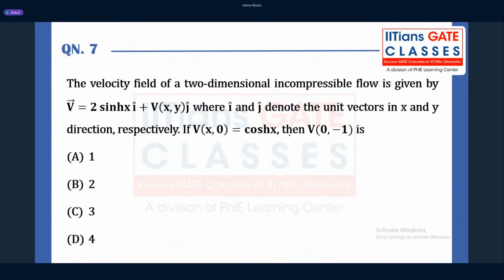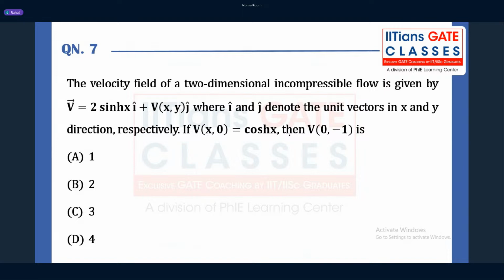The velocity flow field of a two-dimensional incompressible flow is given as V is equal to 2 sinh x i cap plus v of x and y j cap, where i and j denote the unit vectors in x and y directions. If v of x and y at y is equal to 0 is cosh x, then what is v at x equal to 0 and y equal to -1?